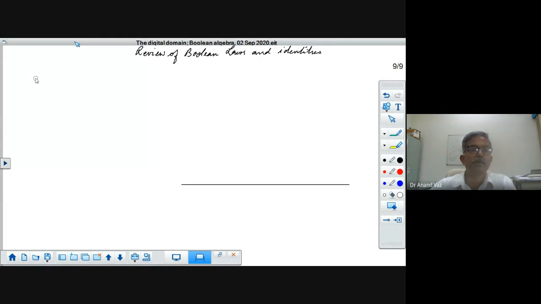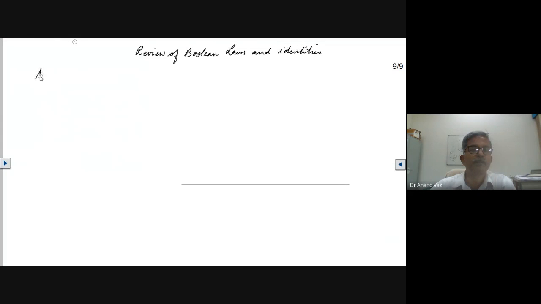So if you take the Boolean variable A and perform a NOT operation on it, you get the NOT of A. And this will just complement whatever value you have.